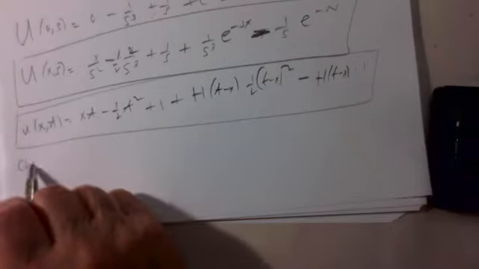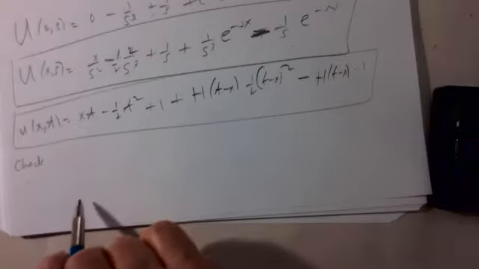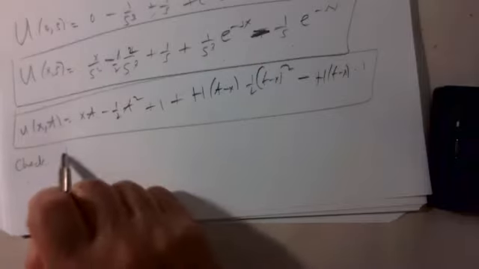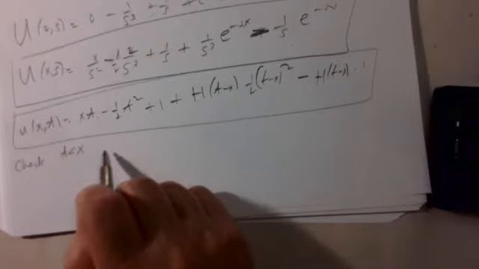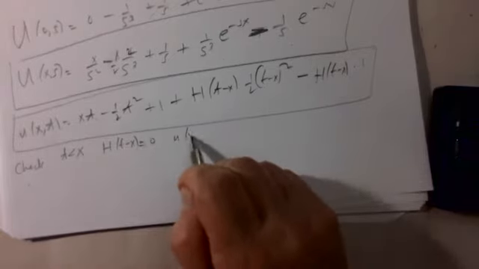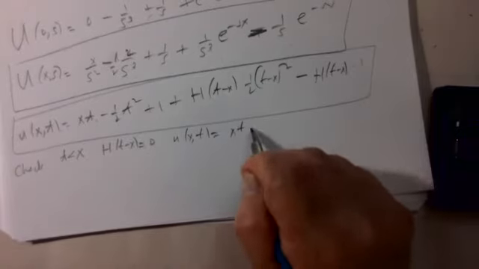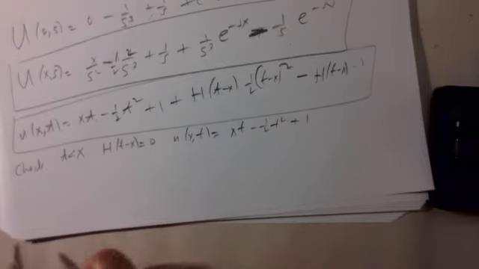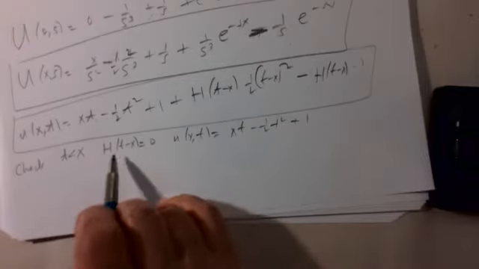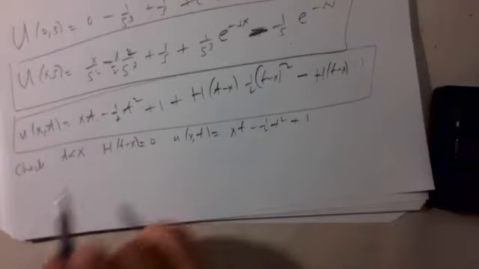Let's try and check whether this is correct. If t is less than x, h of t minus x is 0. And so u of x, t is just equal to xt minus a half t squared plus 1. In that case, because this Heaviside function is 0 for negative numbers and 1 for non-negative numbers.